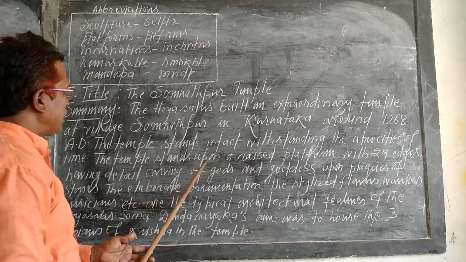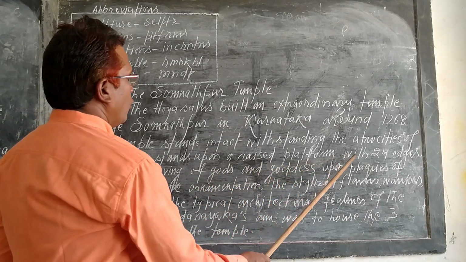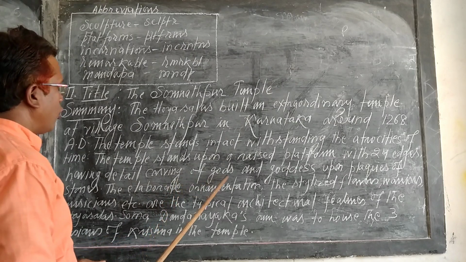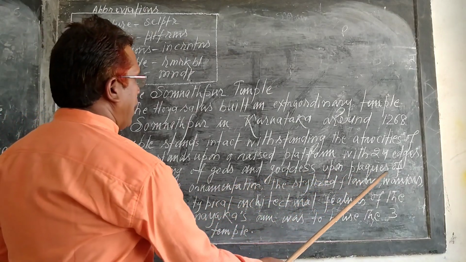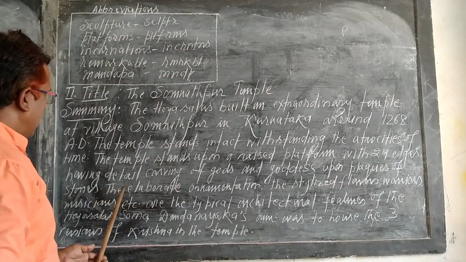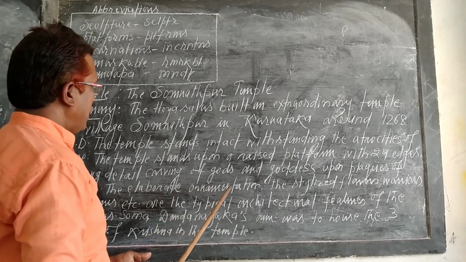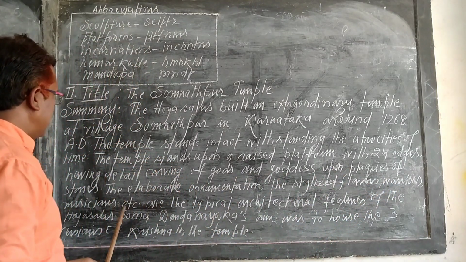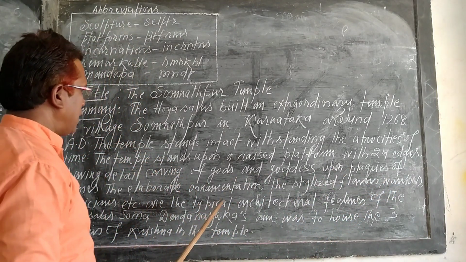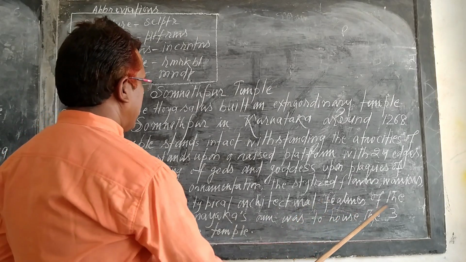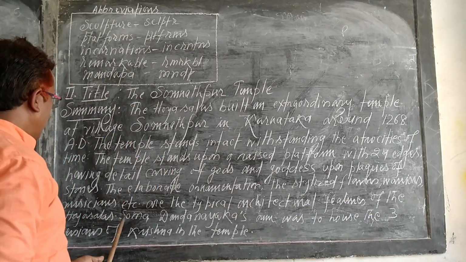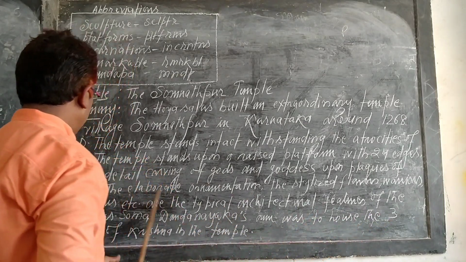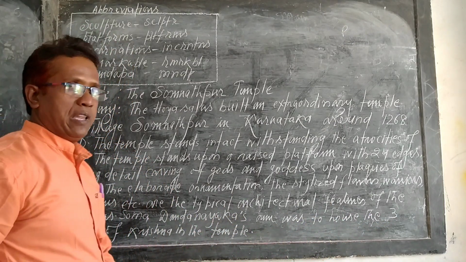The temple stands upon a great 24-edged platform, having detailed carving of gods and goddesses upon plaques of stones. The elaborate ornamentation, the stylized flowers, various musicians, etc. are the typical architectural features of the Vaisals. Soma Dandaka Nayaka's aim was to house the 3 versions of Krishna in the temple.